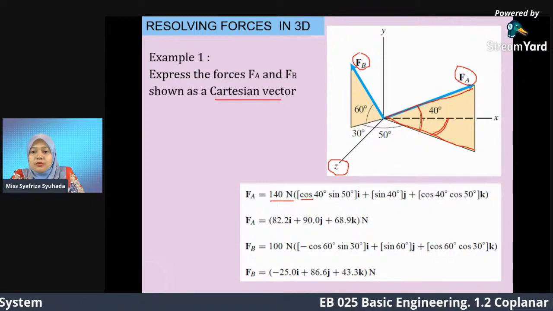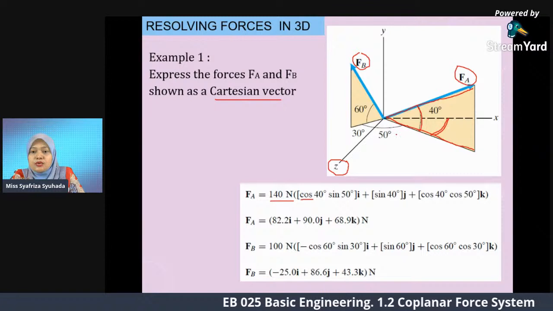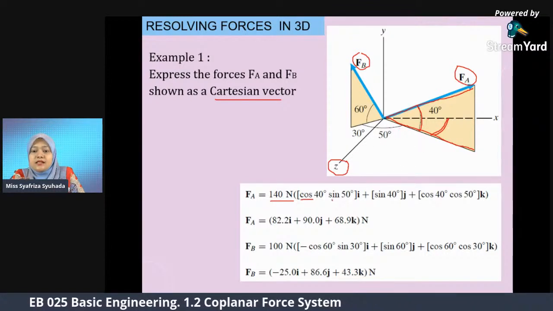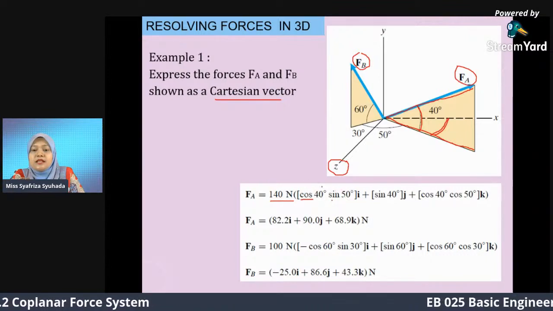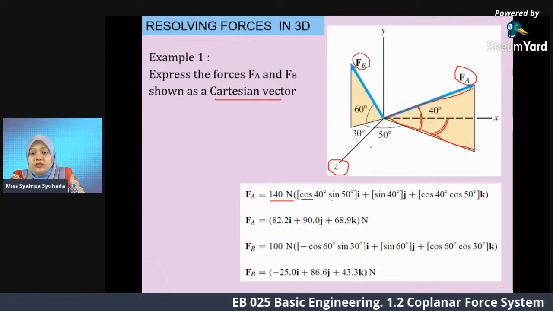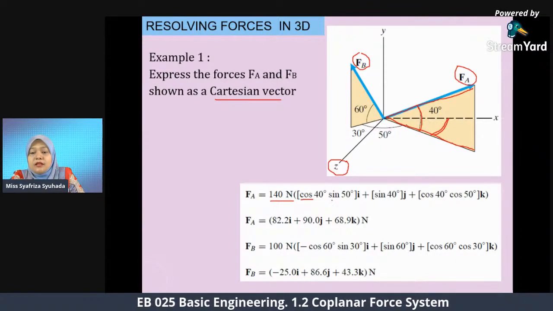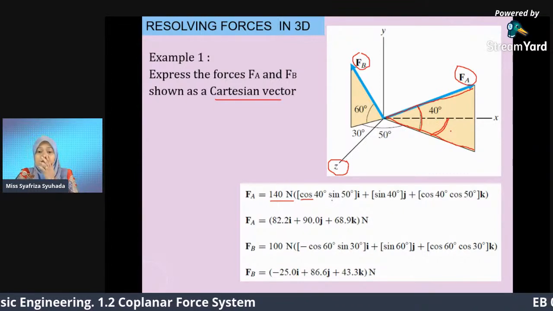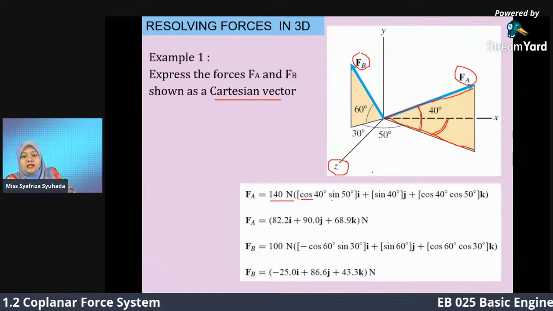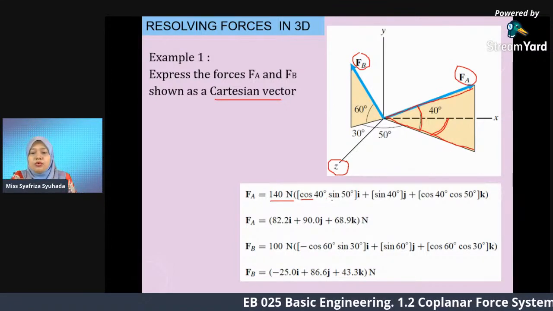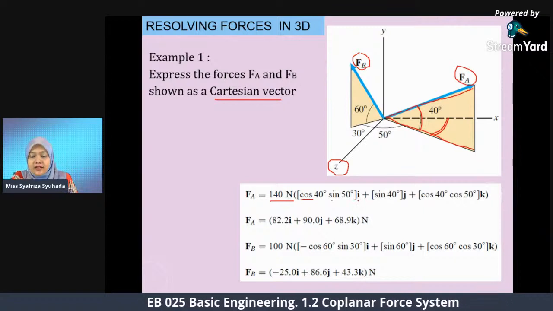Bermaksud cos 40 darjah nak ke sana disebabkan sudut tak diberi, kita ambil sudut bertentangan, kita guna sin 50 dan kedua-duanya ni mesti didarab. Tapi kita tahu actually sudut this one adalah 90 darjah. Kat sini kita tahu actually 40 darjah. So nak pakai cos pun tak ada masalah. So dia akan jadi cos 40 darjah times dengan cos 40 darjah untuk I.